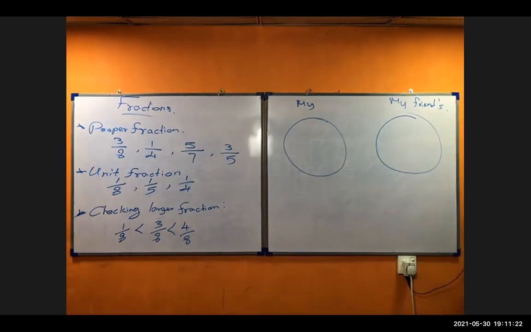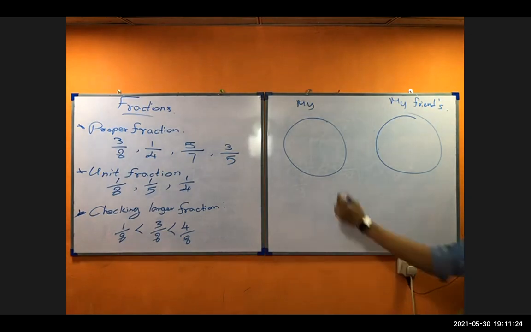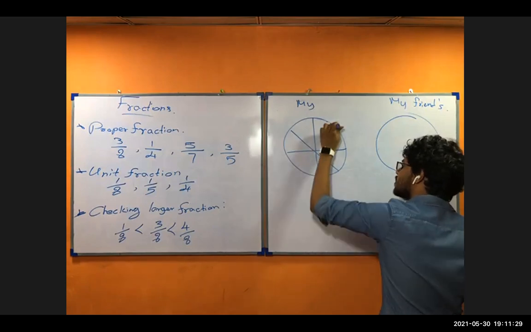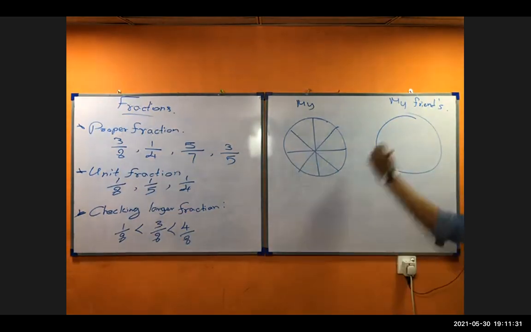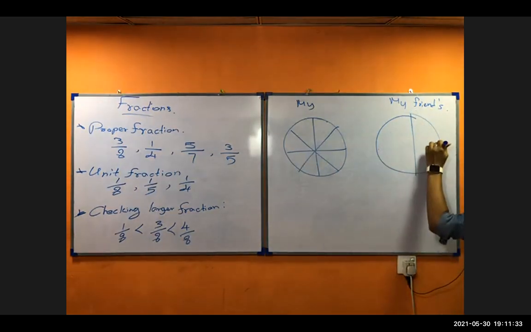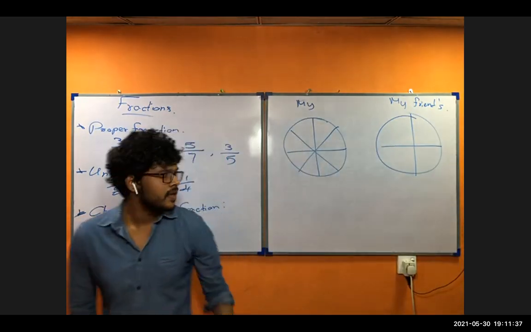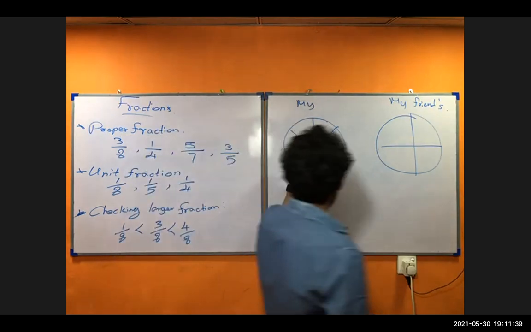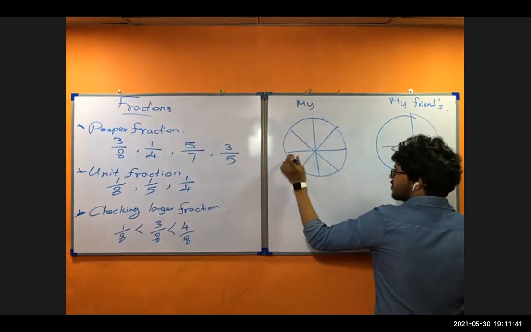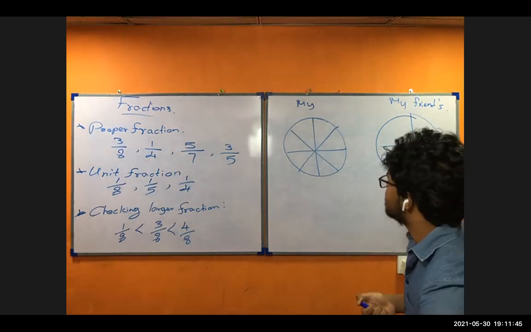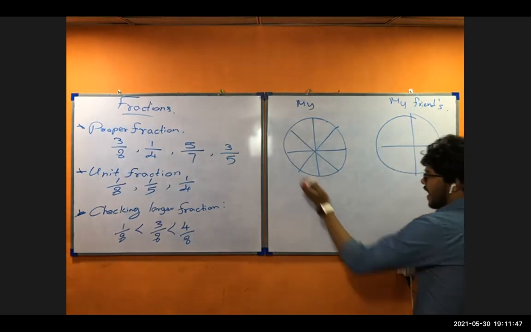In that case, I cut my pizza into 8 pieces, and my friend cut his into only 4 pieces. I eat 2 pieces of this. I eat 2 of them. So that means, so this is an 8.